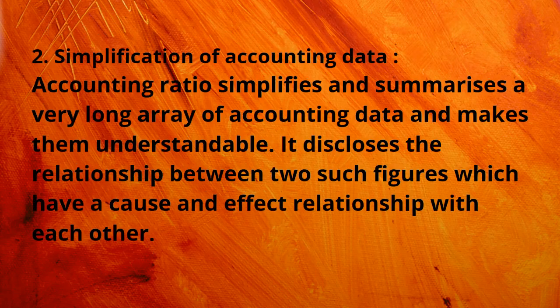Next topic, point number 2, simplification of accounting data. Accounting ratio simplifies and summarizes a very long array of accounting data and makes them understandable. See, when things are written as current assets, current liabilities, loans, everybody cannot understand them.